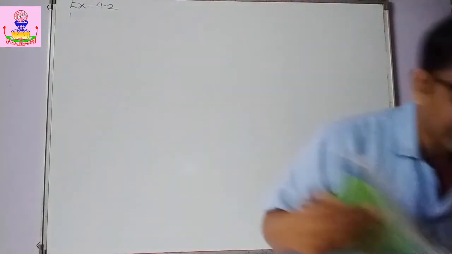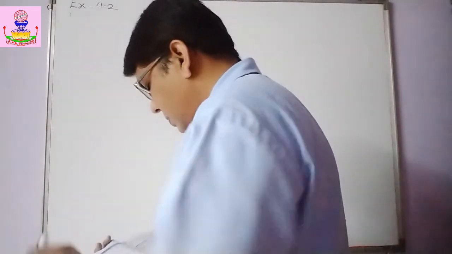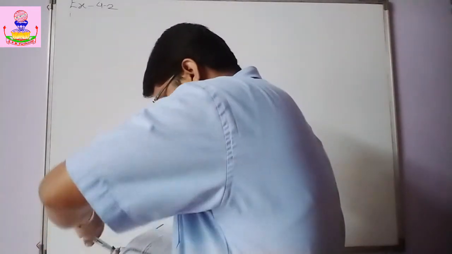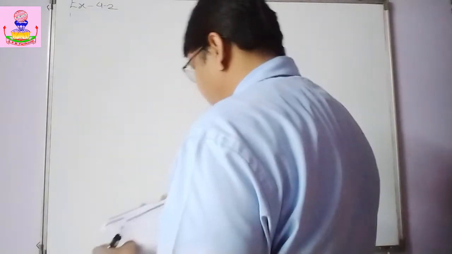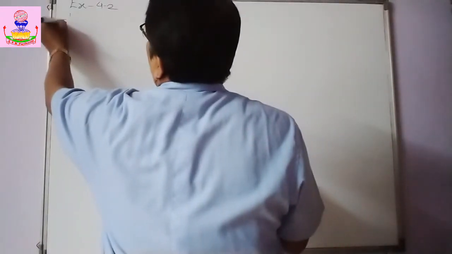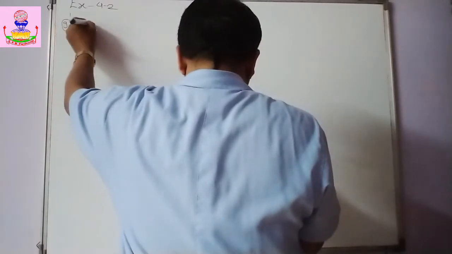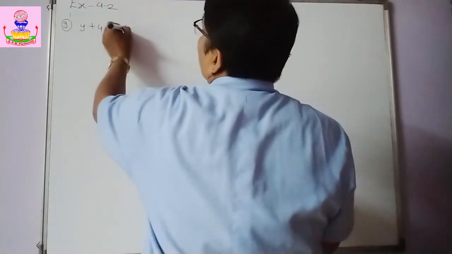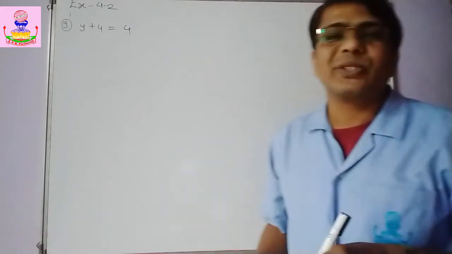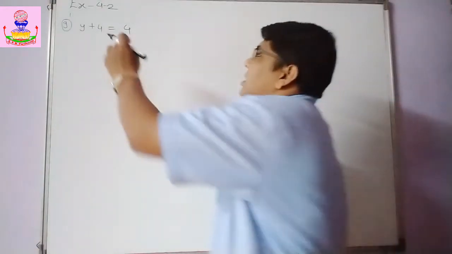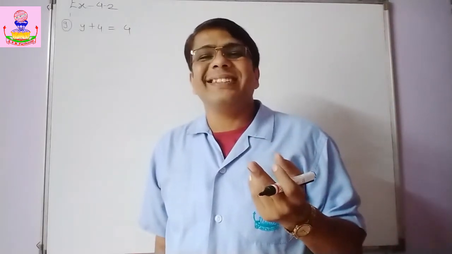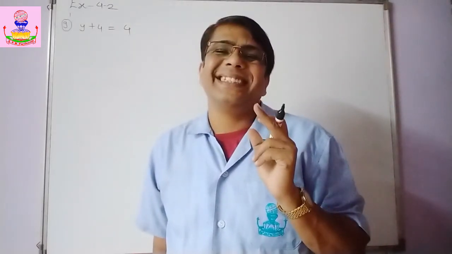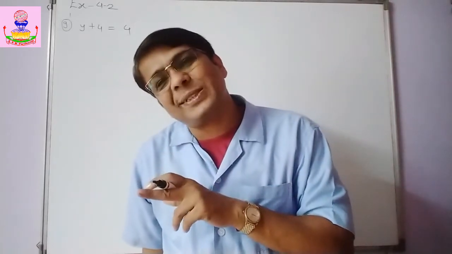Now after D, I can solve G. y plus 4 is equal to 4. Now my aim is to find the value of y. So here it is plus 4, addition. The opposite of addition, which is our opposite? Subtraction. And which number am I going to subtract?